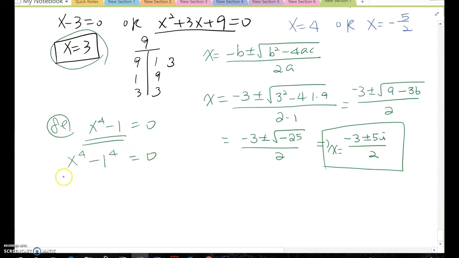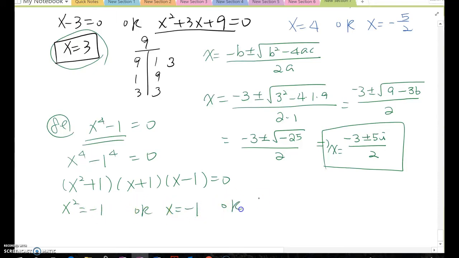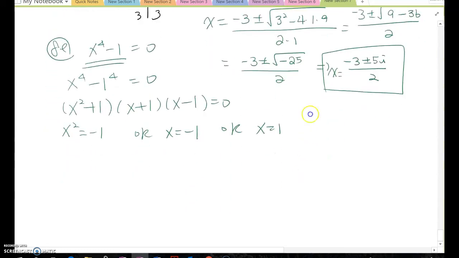Using the factoring form, it becomes (x squared plus 1)(x plus 1)(x minus 1) equal to 0. Okay? Therefore, you can make x squared equal to negative 1, or x equal to negative 1, or x equal to 1, right?